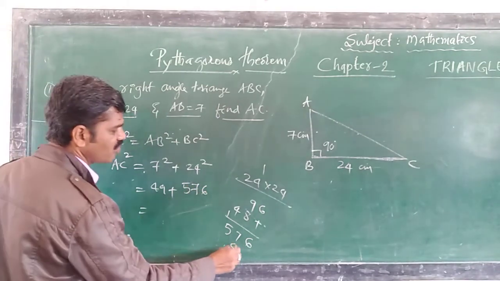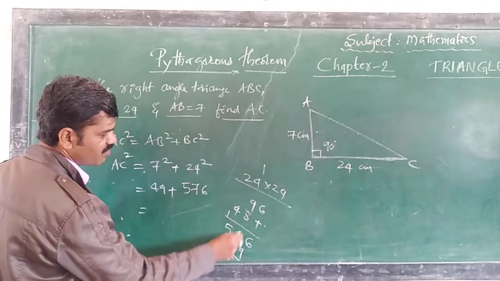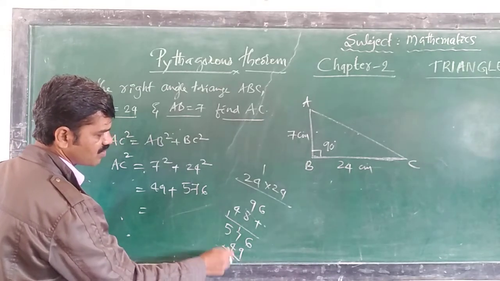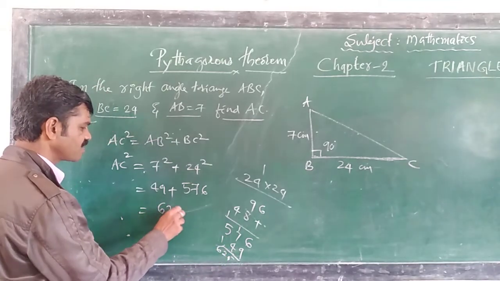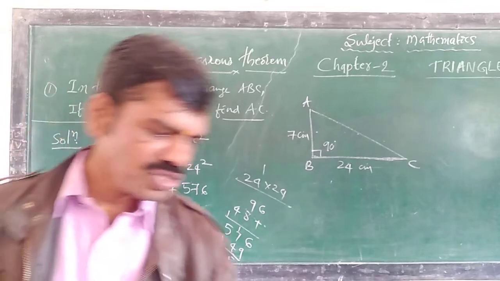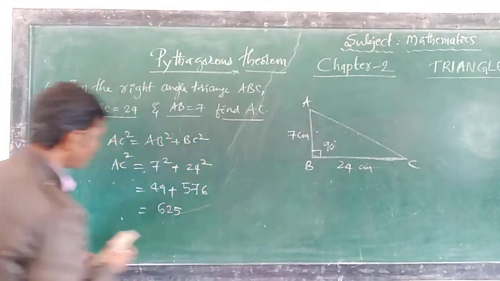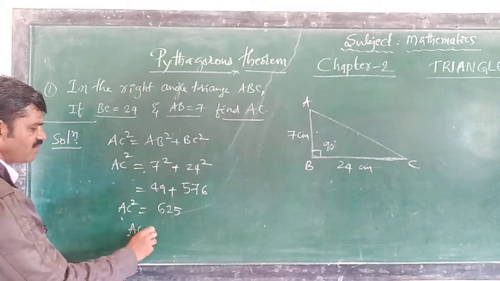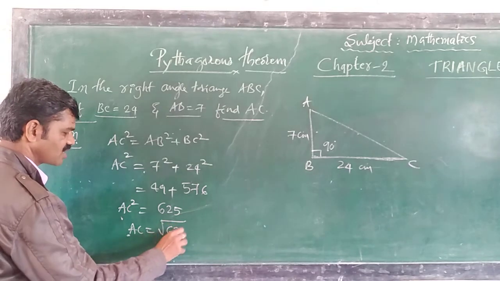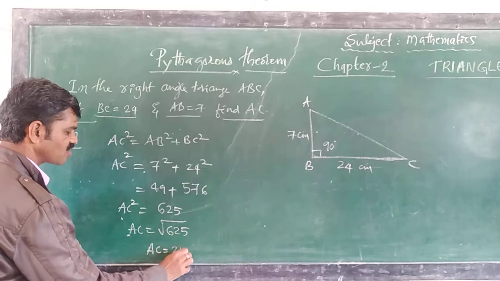If we add both of these values, it will be 625. So we have AC square is equal to 625. So the value of AC is equal to the square root of 625, that is plus or minus 25.